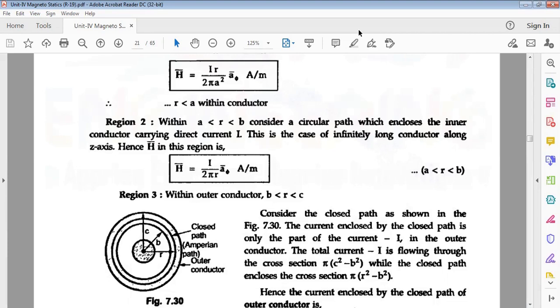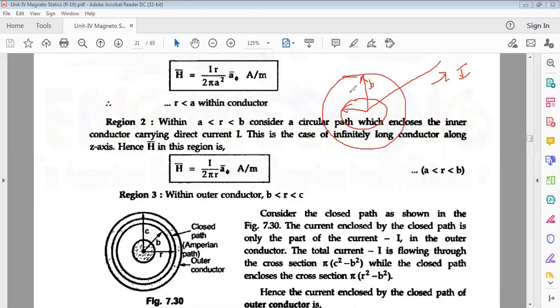It looks like a single current carrying conductor along the z-axis. Let us take the z-axis with a current, one circle with radius a, and another circle with radius b. Now I am assuming the Gaussian surface in between a and b.